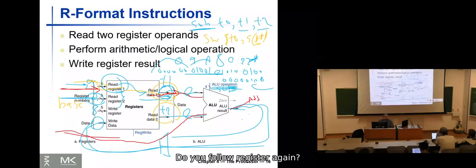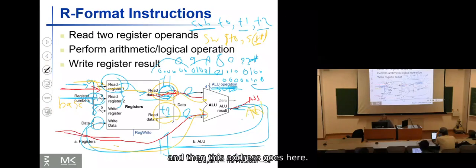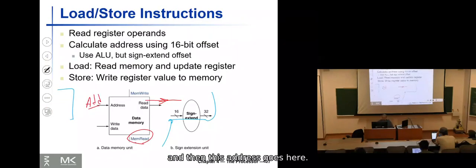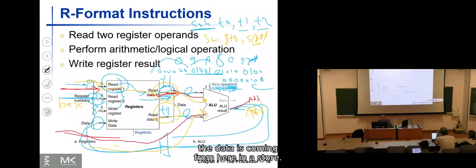Do you understand? Do you follow? So again, we have a register in a store. One of them is coming here, and then it is added again in a store. We have to calculate the address. So the address is calculated here, and then this address goes here again, the address which is calculated in store, but this time the memory write is activated, and the data is coming from here in a store.